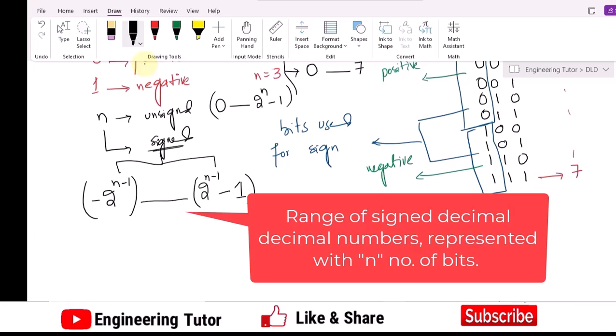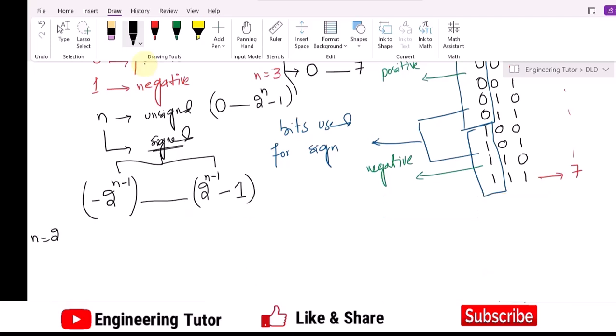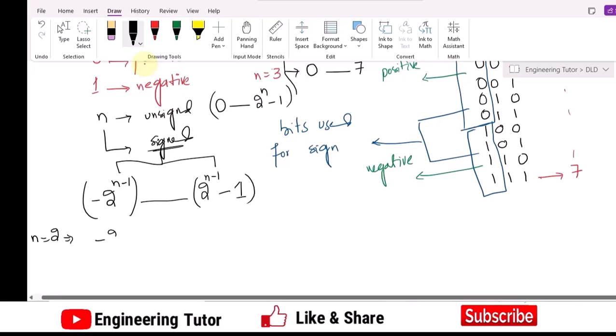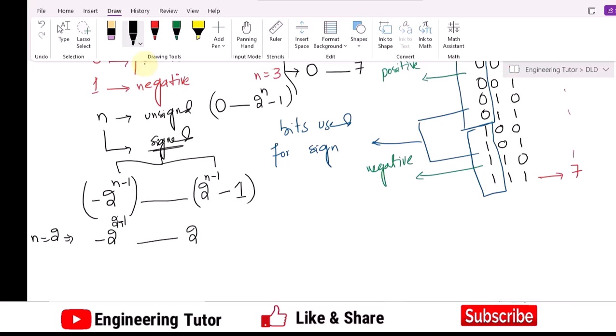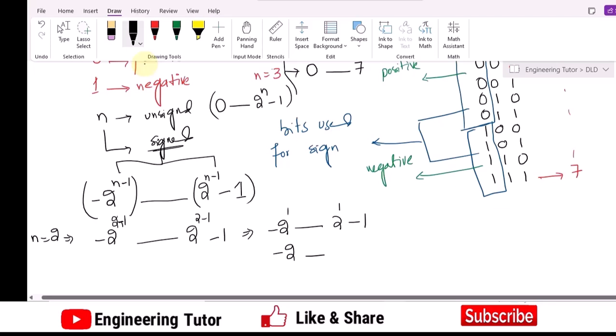Now if n equals 2, according to this formula, the range would be from minus 2 up to 1, which also includes 0.